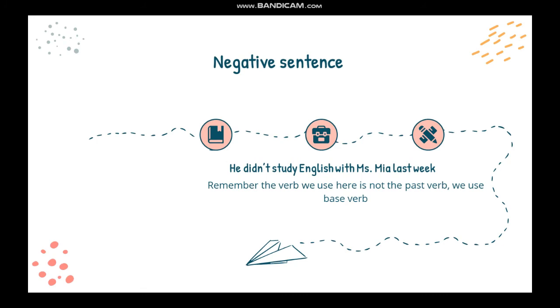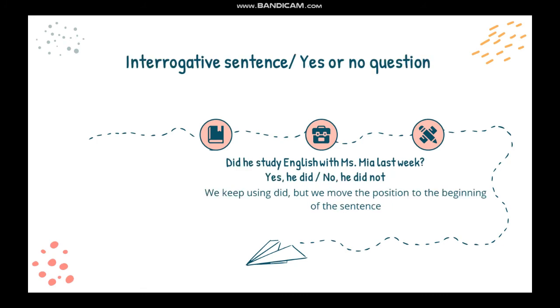Do you get it? Okay, let's come to the interrogative sentence, or yes-or-no question. Did he study English with Miss Mia last week? Now, we keep using did, but we change its position.